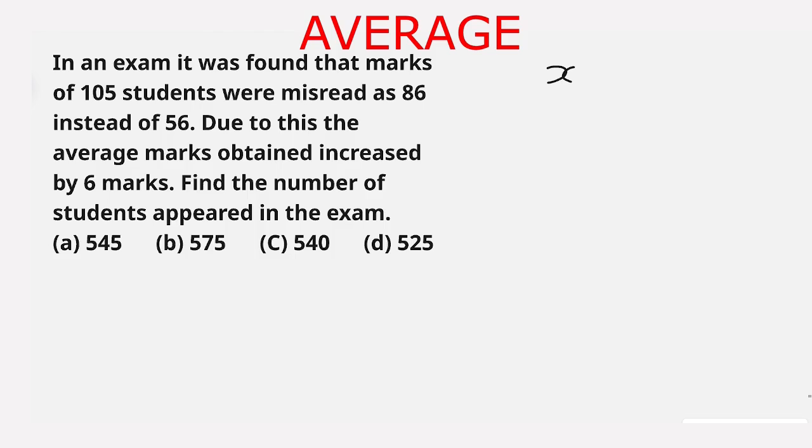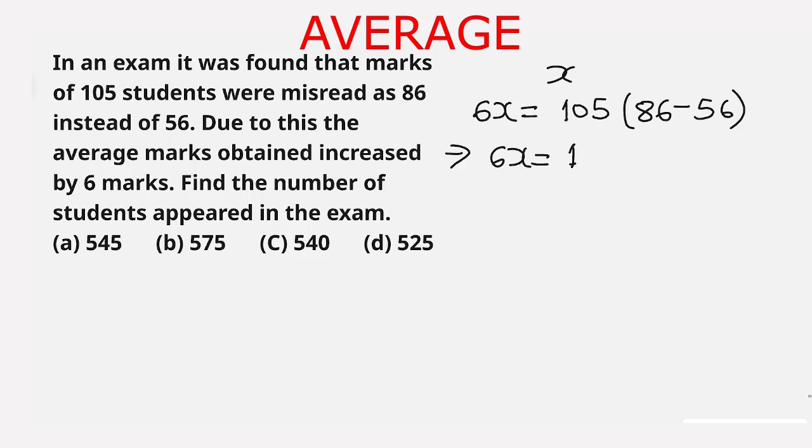So the total increase in the marks of students is 6 multiplied by x, and this is equal to 105, which is the number of students whose marks were misread, multiplied by 86 minus 56. This gives us 6x equal to 105 multiplied by 30. 6 cancels 30 for 5 times.